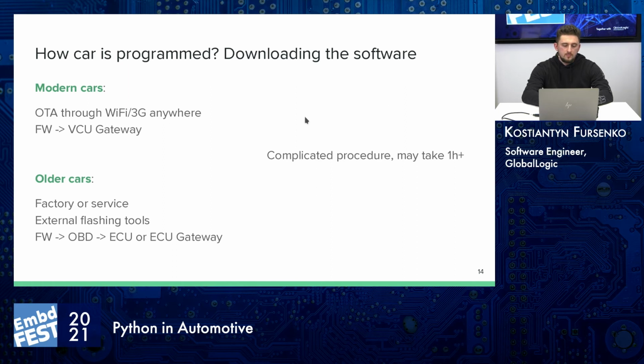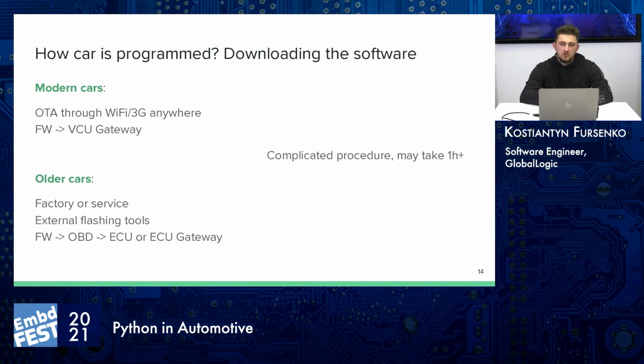For older cars, the procedure is a little bit different. Those cars are flashed at a factory or in a service. They don't have over-the-air updates, and every ECU, or most of them, should be flashed separately. So external flashing tools connect to almost every ECU which needs to be updated, and initiate software update sessions.